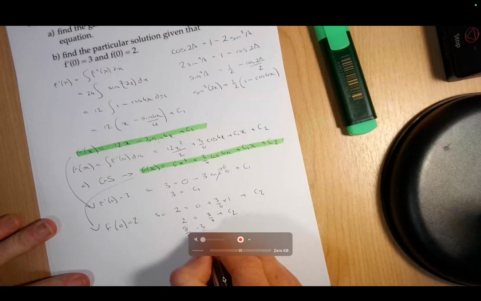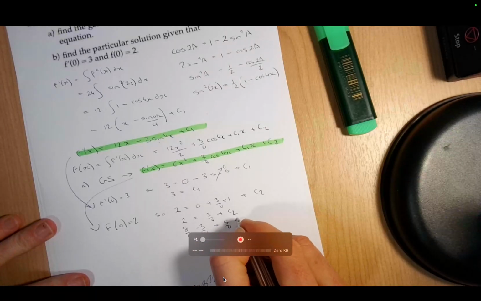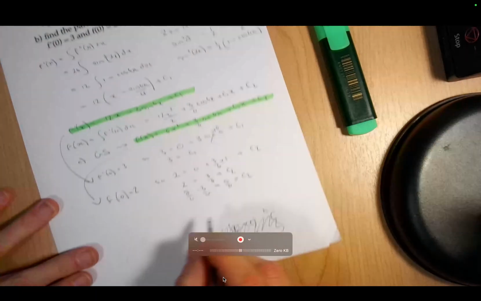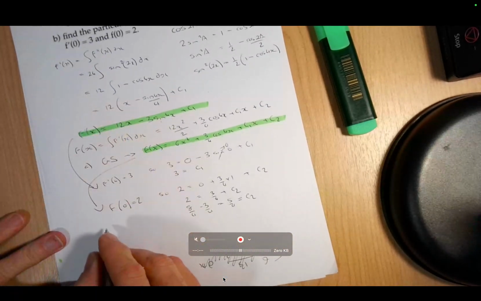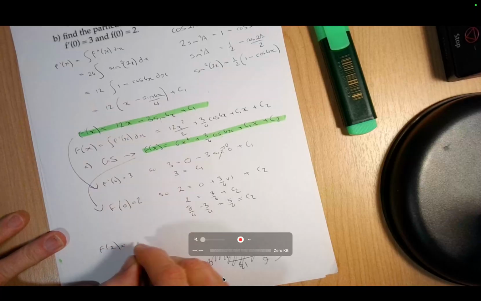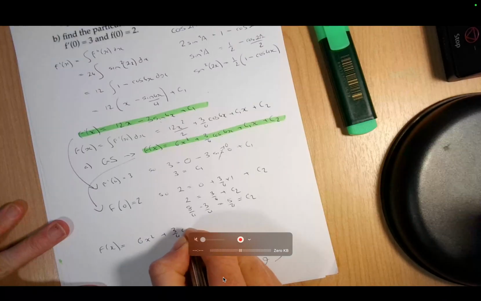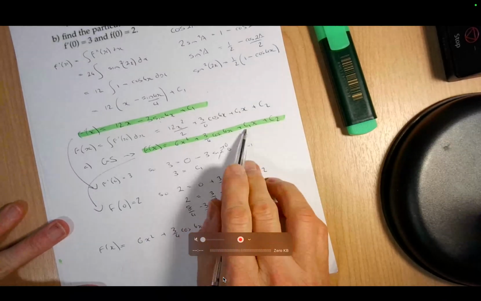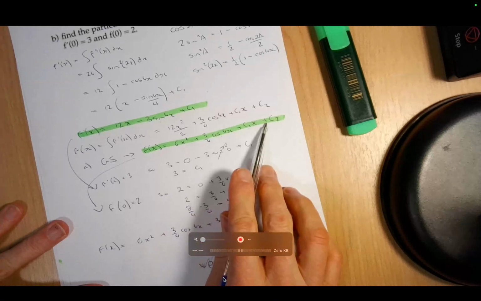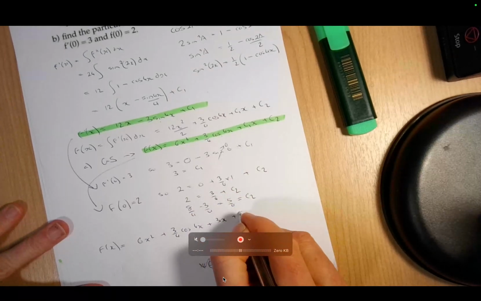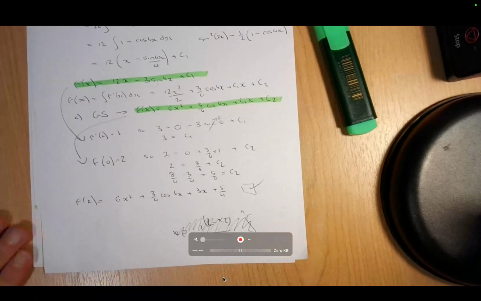If we minus 3/4, you're left with 5/4, which is what C2 is. So the particular solution, as requested up here, f of x equals 6x squared plus 3/4 cos 4x. The C1 we worked out to be 3, so that's plus 3x, and the C2 term is this fraction 5 over 4, and that is the official answer.